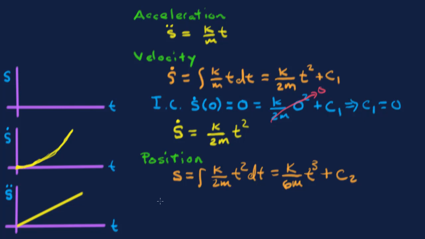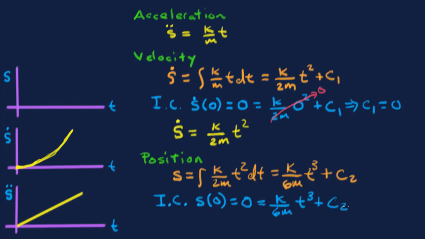Once again, we have to satisfy an initial condition. So what's the initial condition? At time equals 0, the skater's at the bottom of the hill, which we called s equals 0. So s at time 0 has to be equal to 0. So I take my expression, k over 6m times t cubed plus a constant of integration.